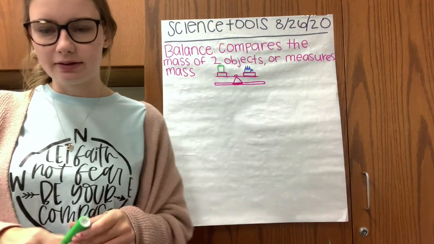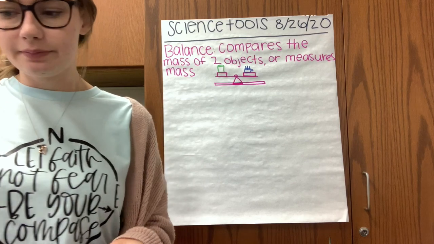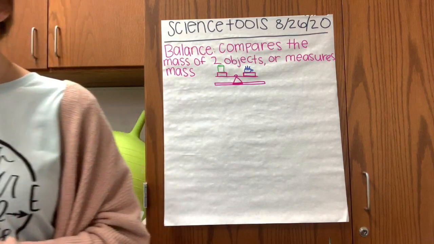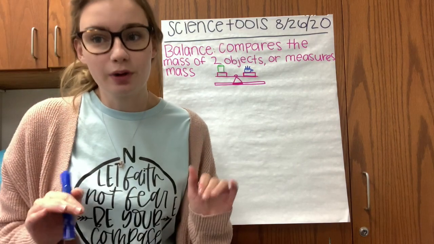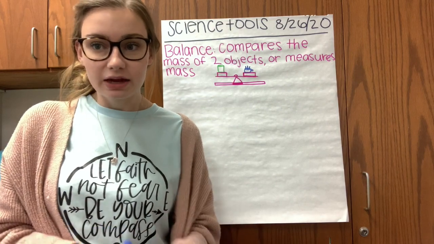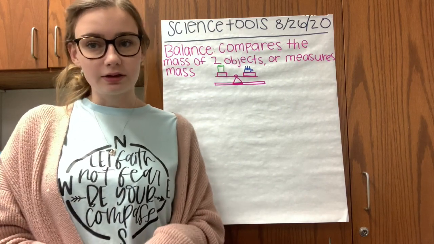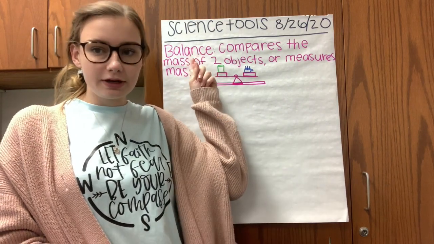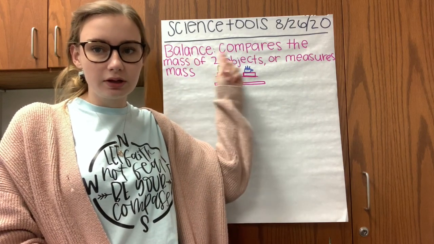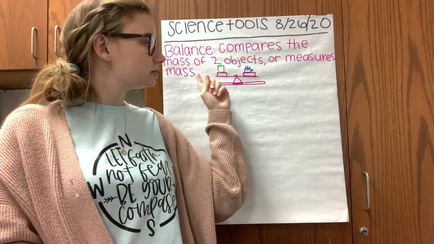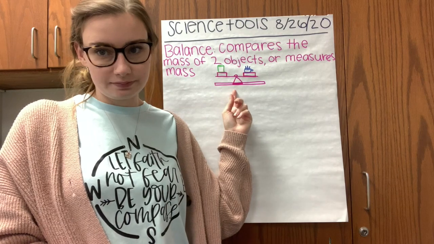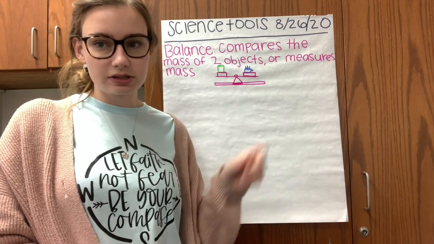See my picture of my balance. All right, let's keep going. Again, if you need to pause the video, make sure before you keep going, you have the name of the tool, what it does, and a picture. You need all of those things.